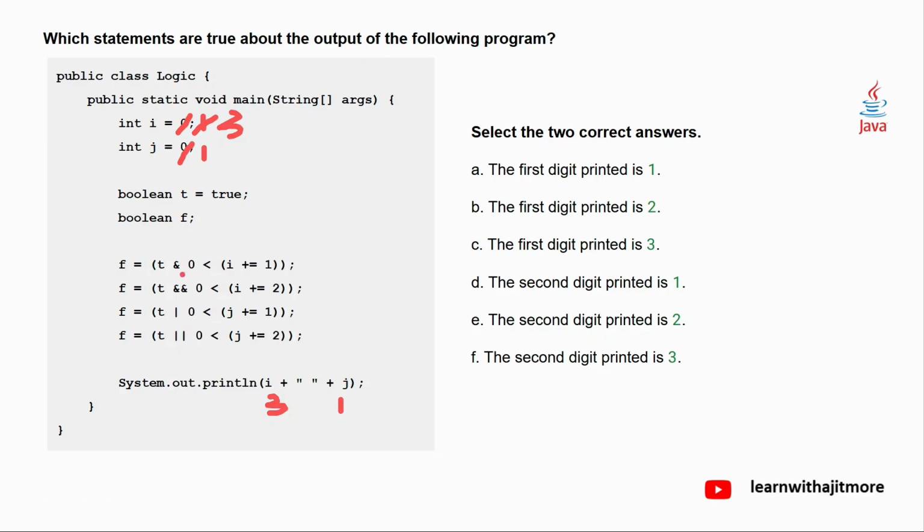Getting? And why in ANDing it has come for both? Because when we wrote two ANDs, the first is true, therefore it has to check whether the second is true or not. If in this case the first is false, it is directly false, and it will not evaluate the second part. Okay, so hope that part is clear to you guys.